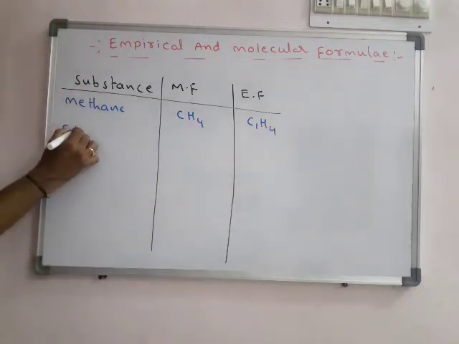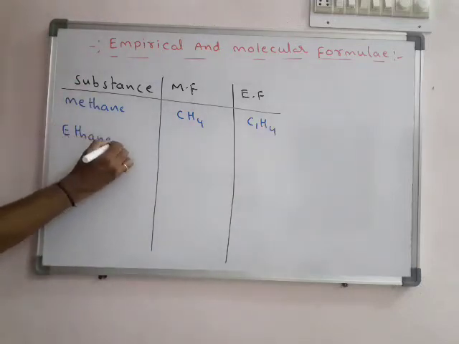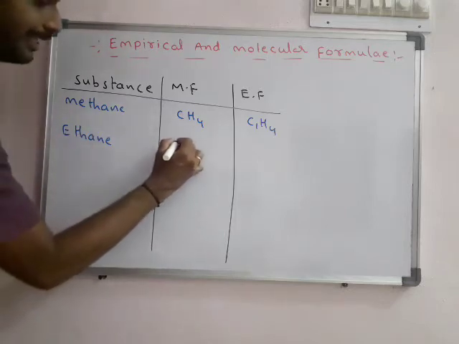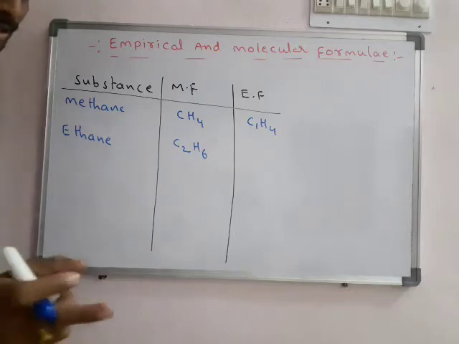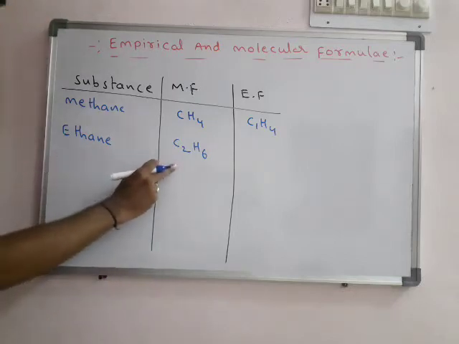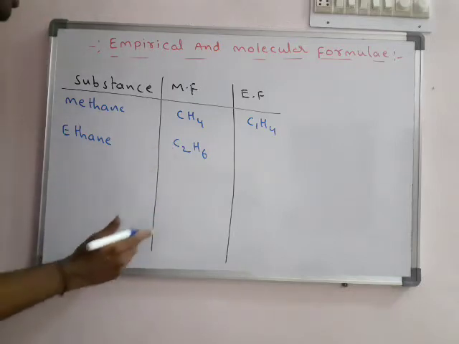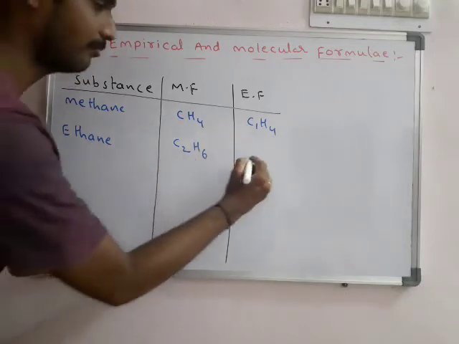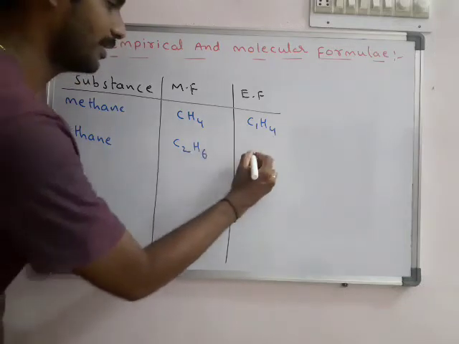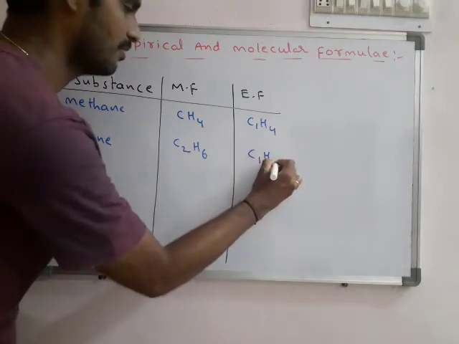For example, take ethane. Ethane formula is C2H6. In hybridization, we know this formula C2H6, the perfect formula. The empirical formula means ratio, that is C1H3. 2:6 gives 1:3, so C1H3.